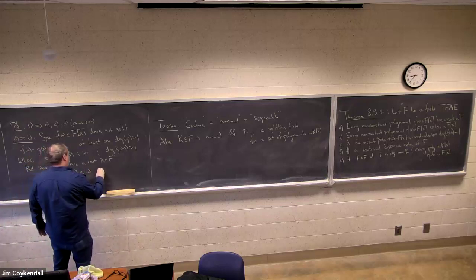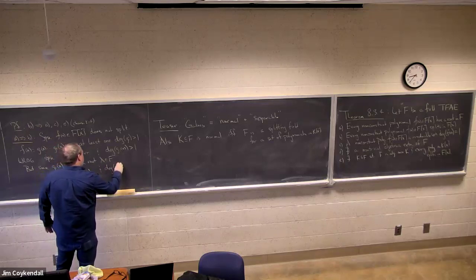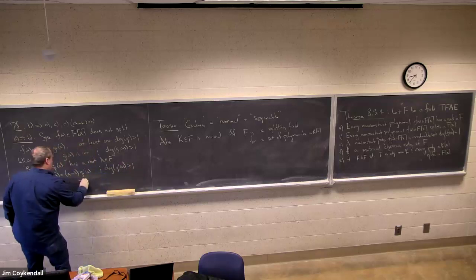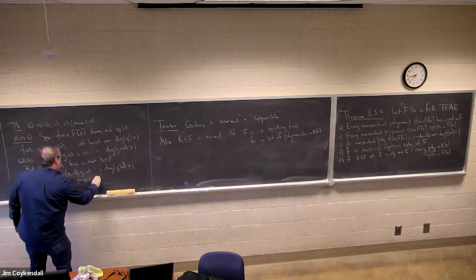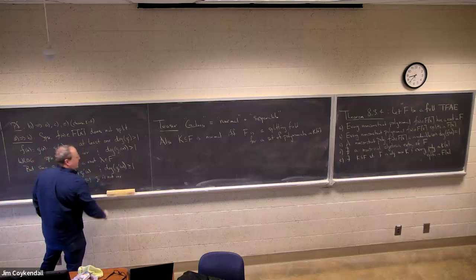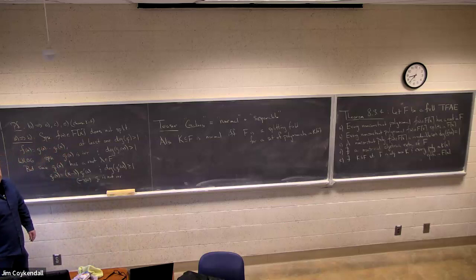And the degree of g1 prime of x is greater than one, and this is a contradiction as g1 is not irreducible. So A and B are equivalent. All right.